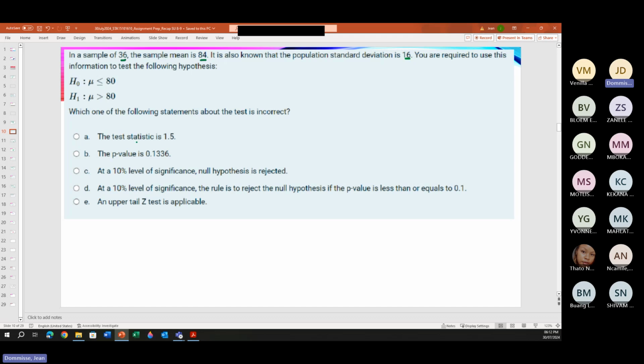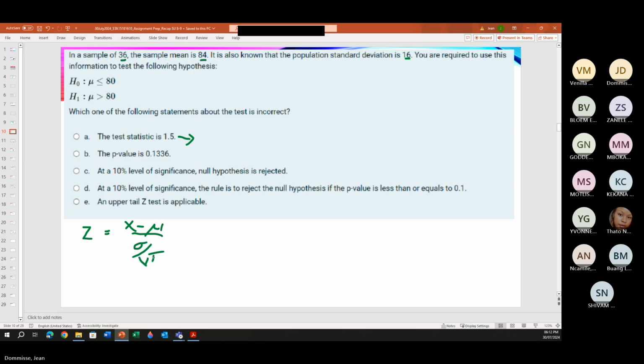Okay, so first let's check the T-stat. T-stat is just like we did again in study unit 7, how to work that out.